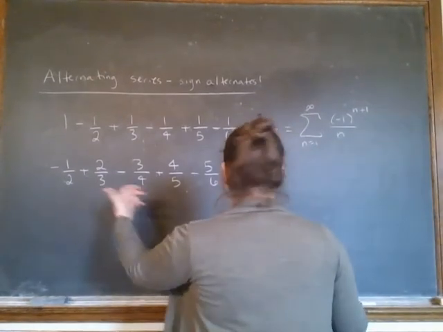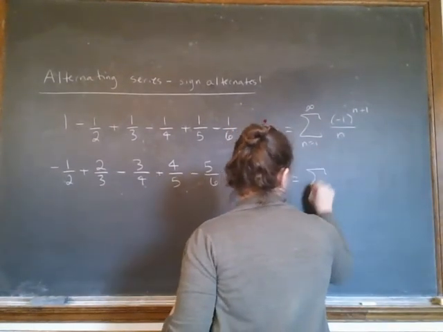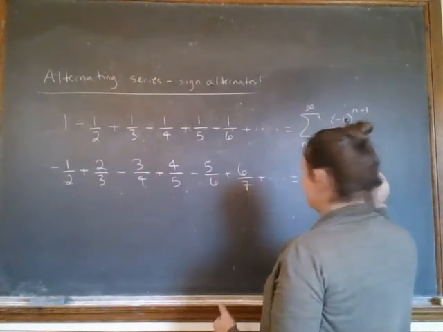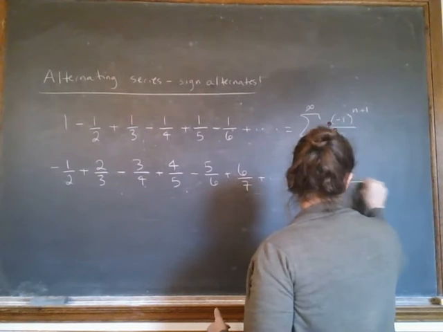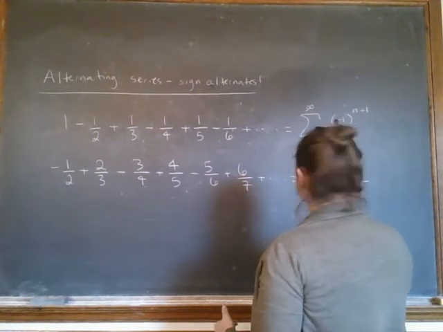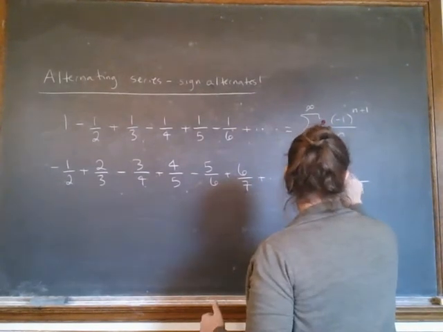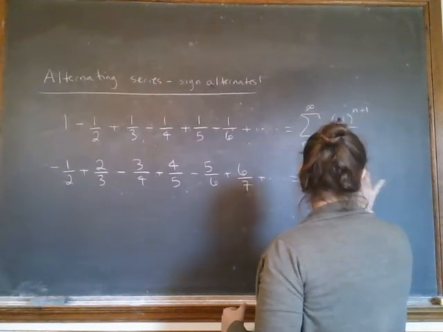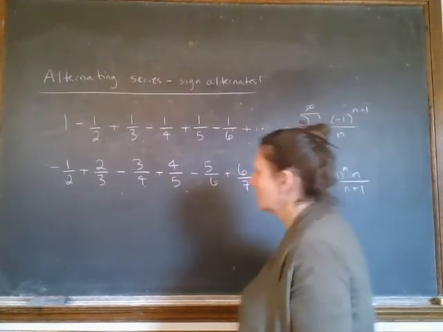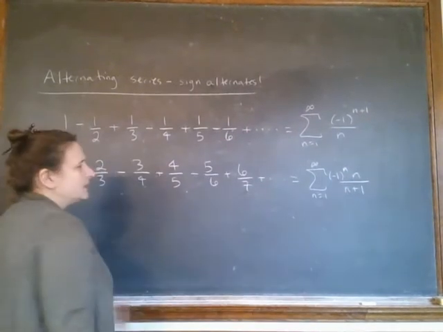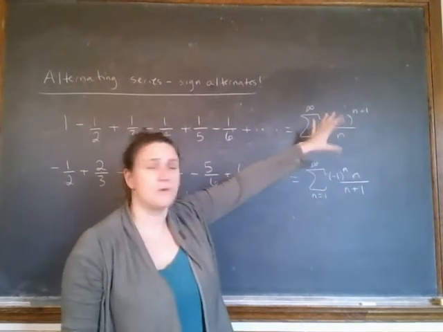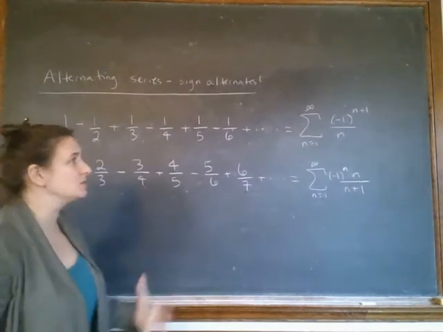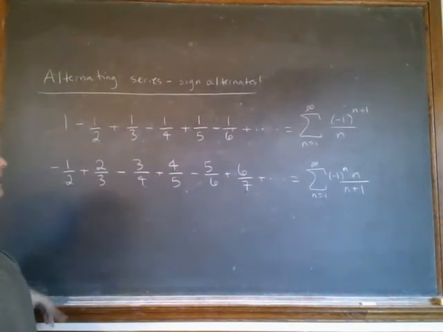Here, again, this looks like n over n plus 1, and then I've got this alternating minus 1 to the n. Typically, they'll give you the formula. You don't have to figure out the formula. I just wanted you to visualize what this really looks like.